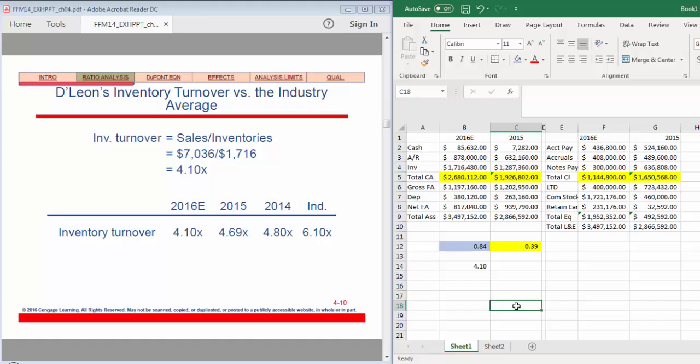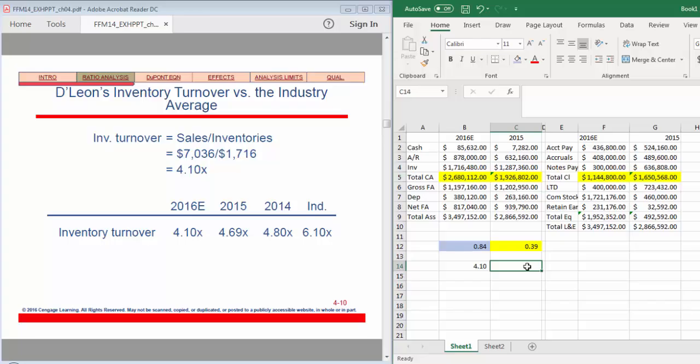Roughly, your sales are 4.10 times inventory, or you can say it takes approximately 4 months. However you want to interpret it, the sales are about 4.10 times your inventory. Obviously, the higher the number, the better, because you'd like to have this inventory converted into sales as fast as possible.